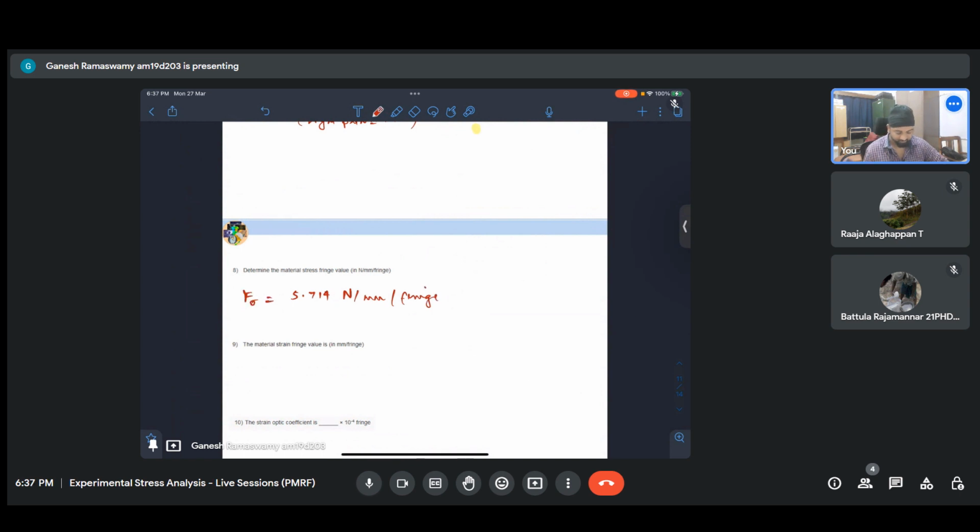Now the material strain fringe value is what is asked. So let us see how to derive this.